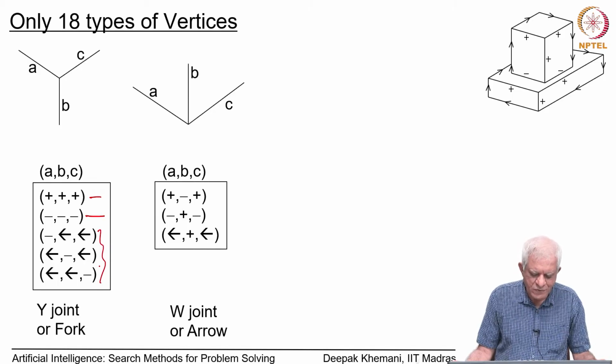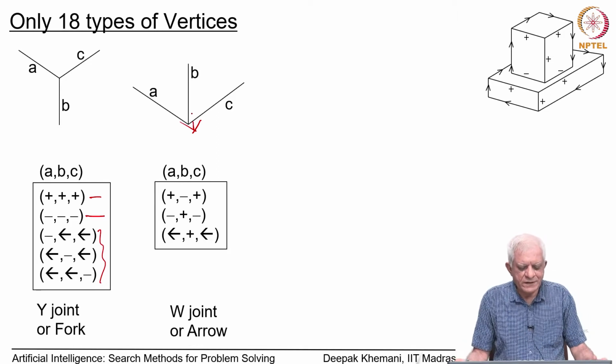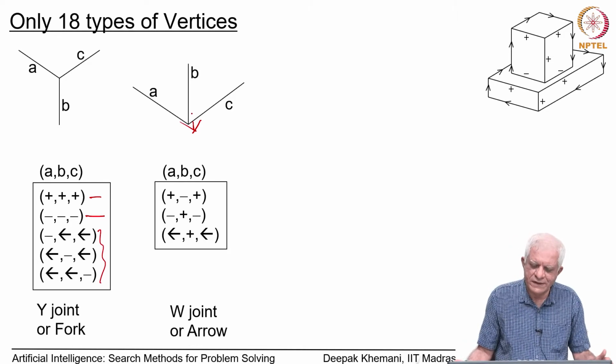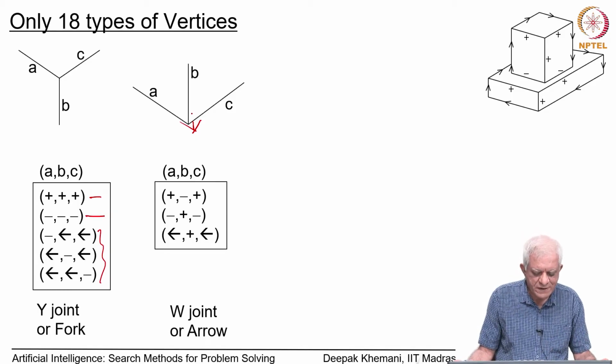Then there is a W joint or an arrow joint, because it looks like an arrow or it looks like a W, as you can see here. And it turns out that it can be labeled only in 3 ways essentially. I would urge you to draw objects and try and see that no other way is possible essentially.